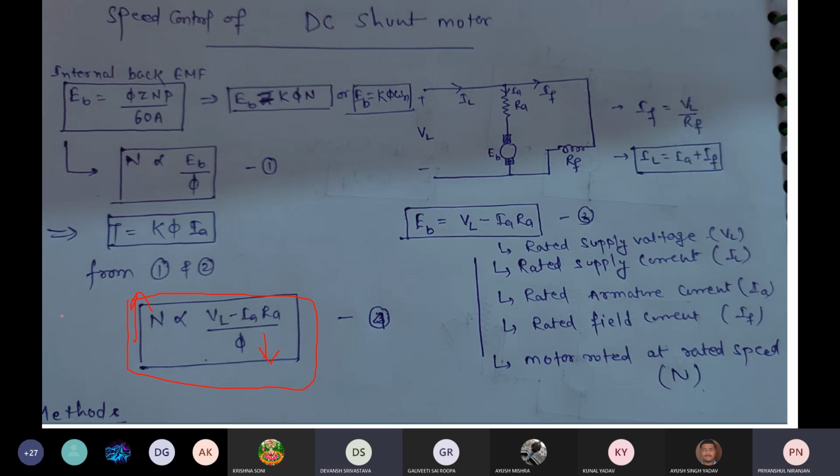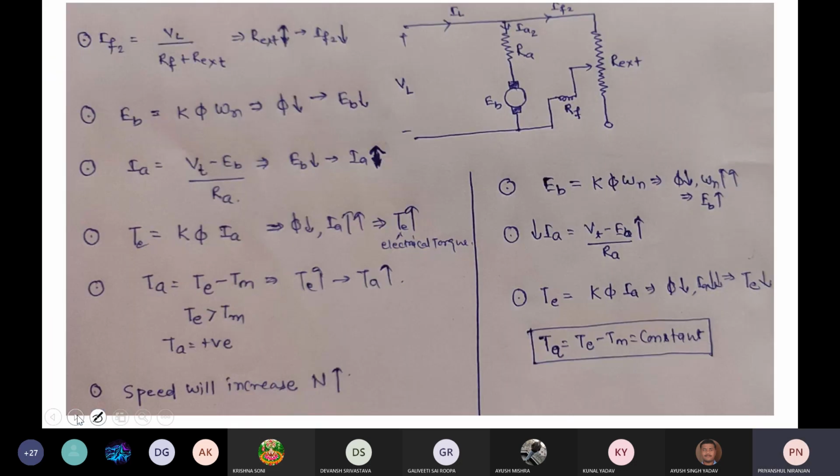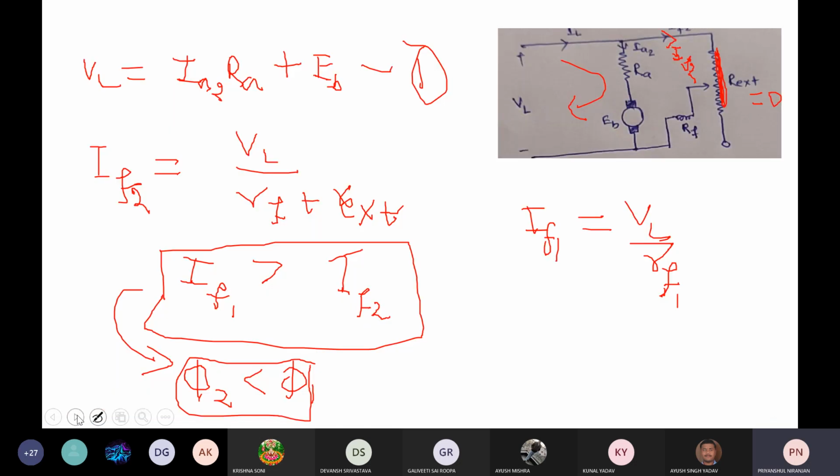We control the speed by using the external resistance, and you have been told that we disturb the field winding when we connect the external resistance in the field winding. We control the speed. So is this speed higher or lower when we compare with the original circuit?